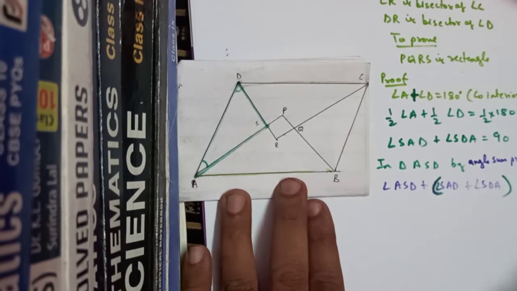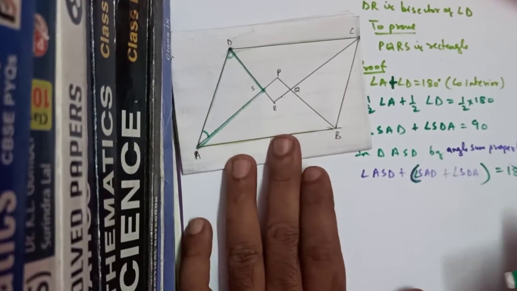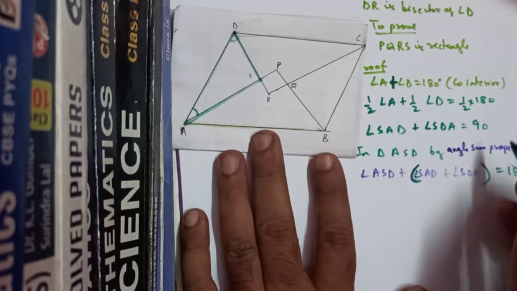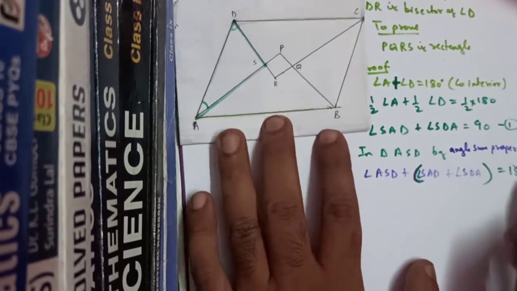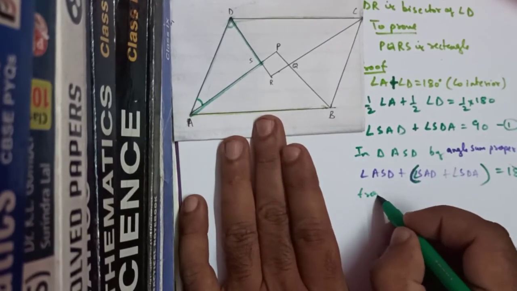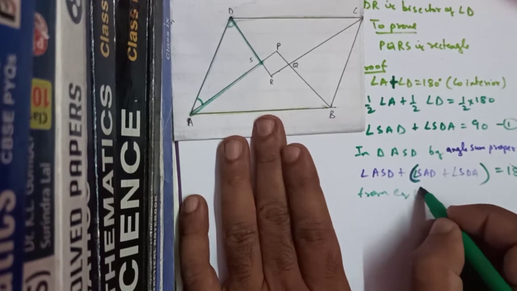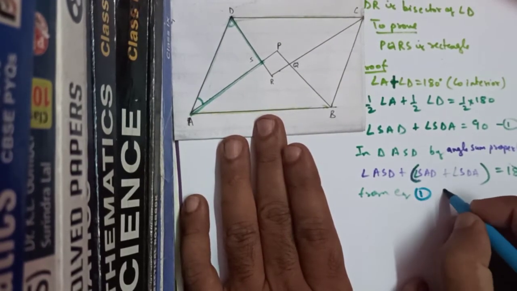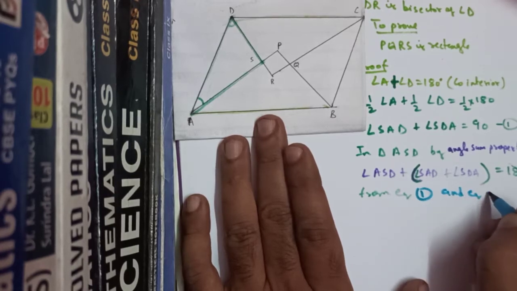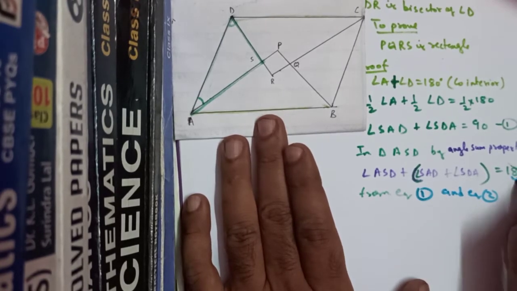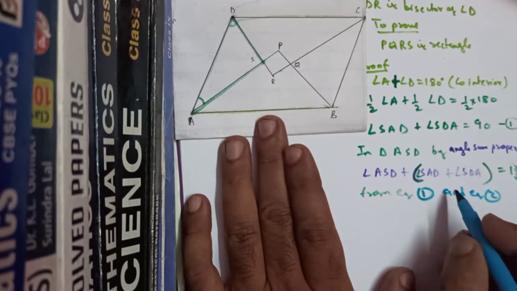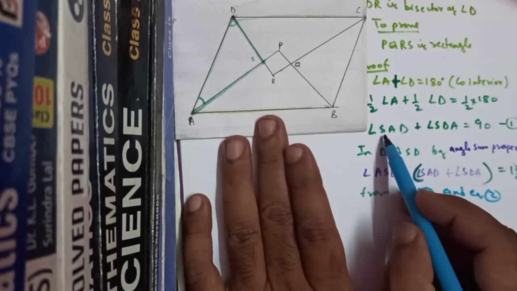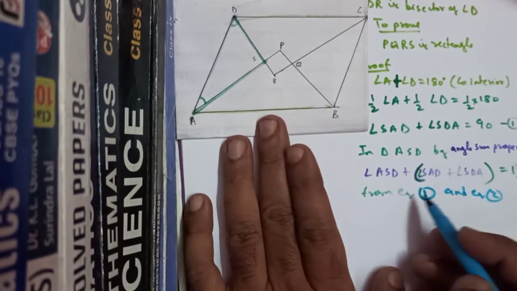But from equation number 1 and equation number 2, we can substitute the value of angle SAD plus angle SDA as 90.